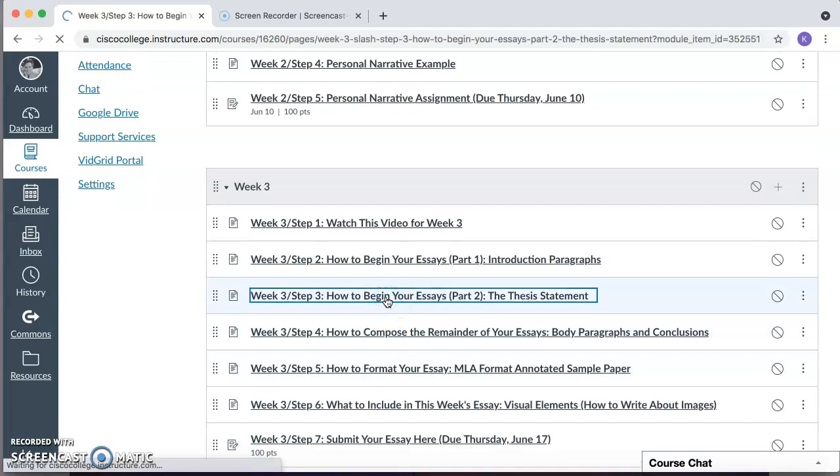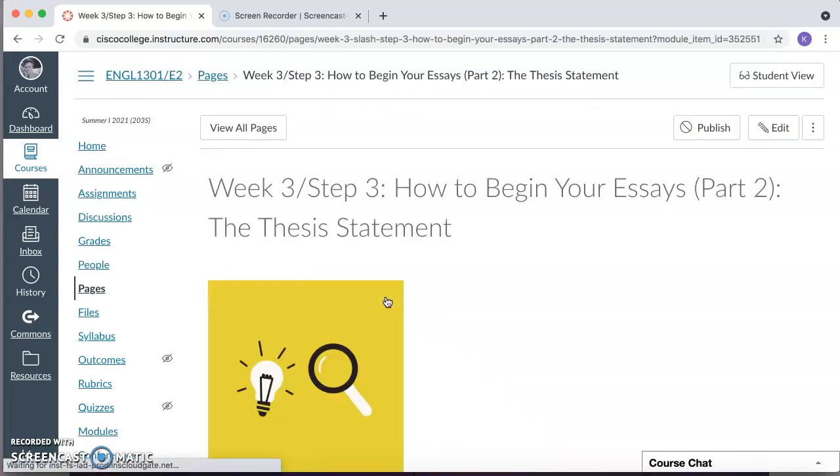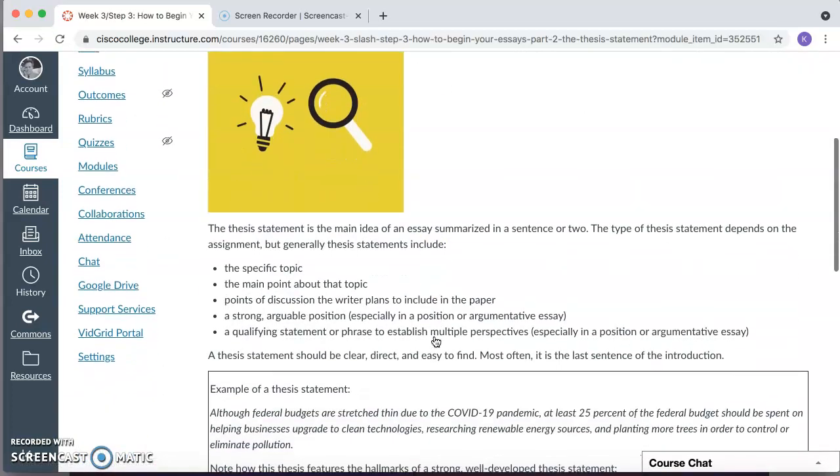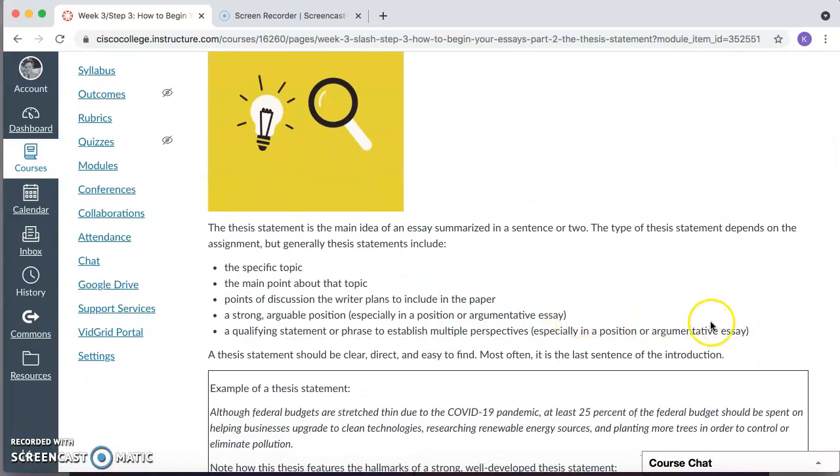Let's take a closer look at thesis statements, which is how you end your introduction. And that information is all right here. You need to include, I would say, these first 4 bullet points in your thesis statement this week. Your specific topic, the point you want to make about that topic, points of discussion that you plan to include in the paper, and then a strong, arguable, remember thesis statements are arguable, position.